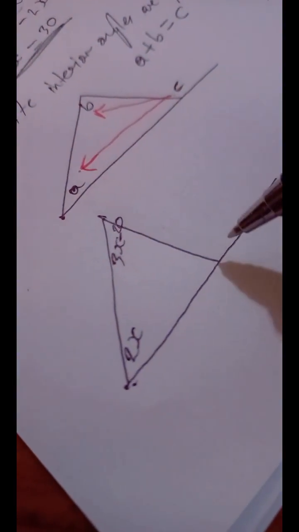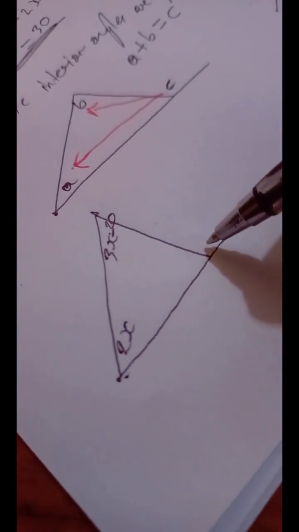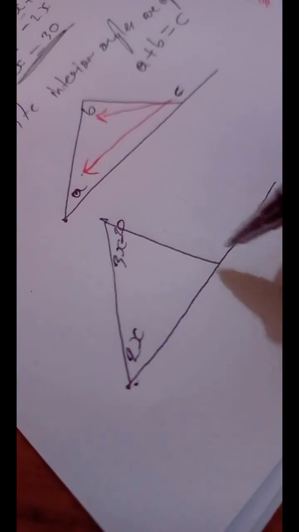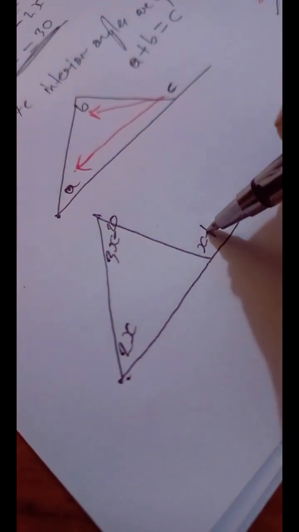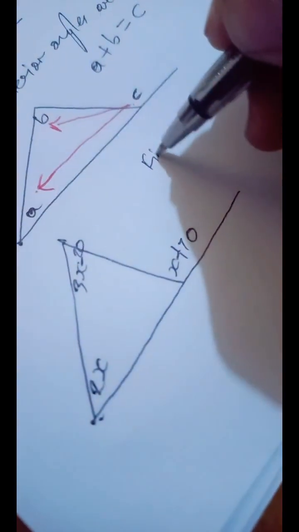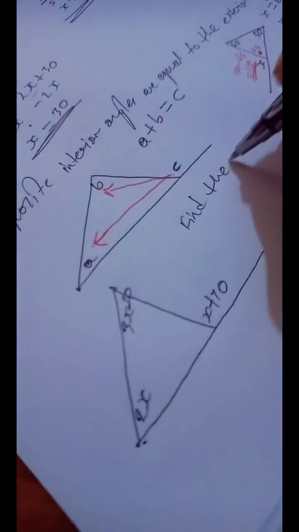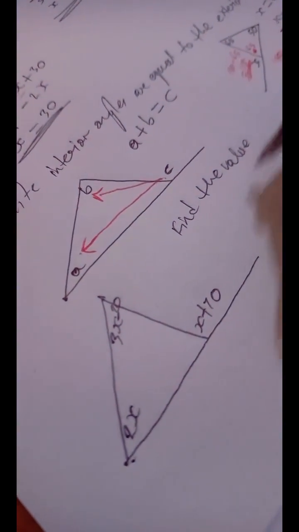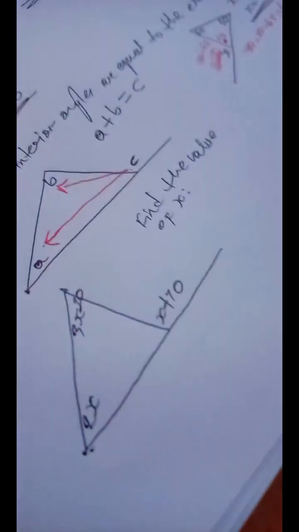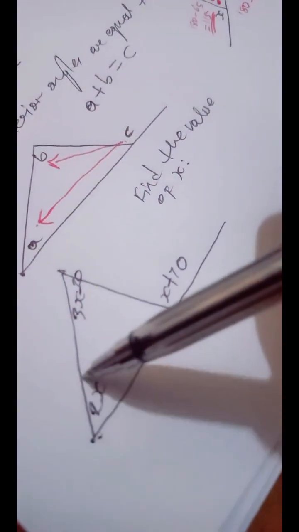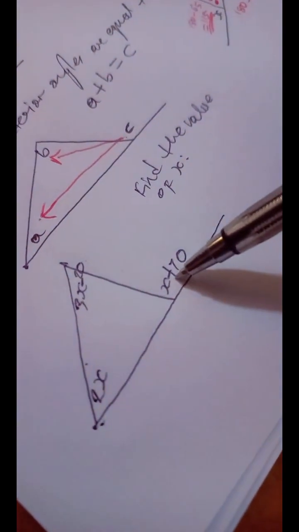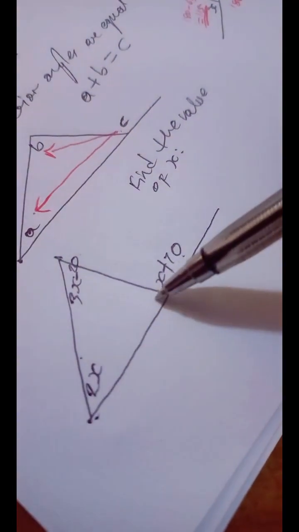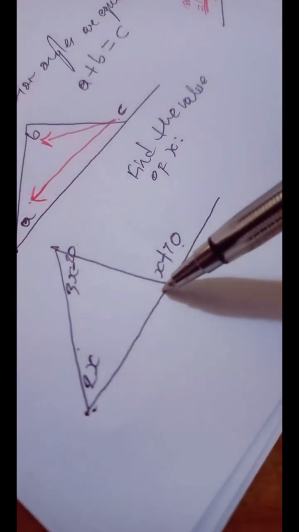And then here you are given x plus 70. And the question says, find the value of x. So you have 2x, 3x minus 20, and then outside is x plus 70. This is not the inside angle we are not given, right?